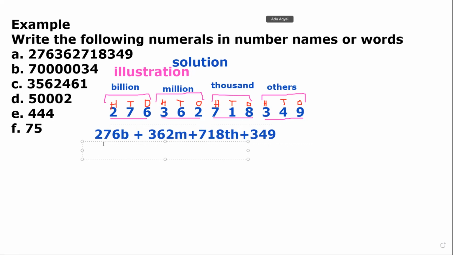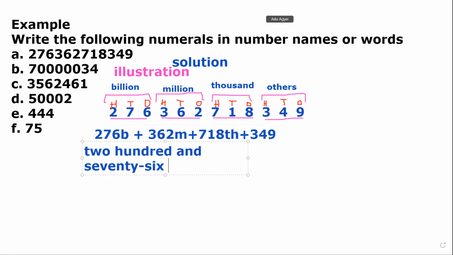So we have 200 and 76 billion. You are done with the billion.